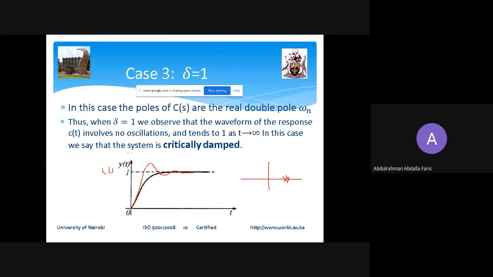And for 1, you have a system which is a little bit sluggish. It's slow. So we call this critically damped system. Whenever you are told the system is critically damped, just know delta is equal to 1.